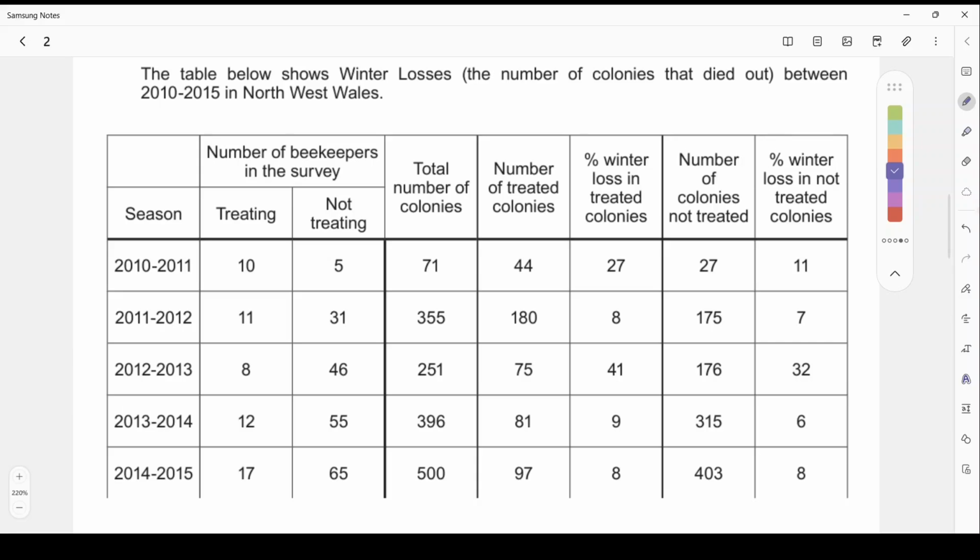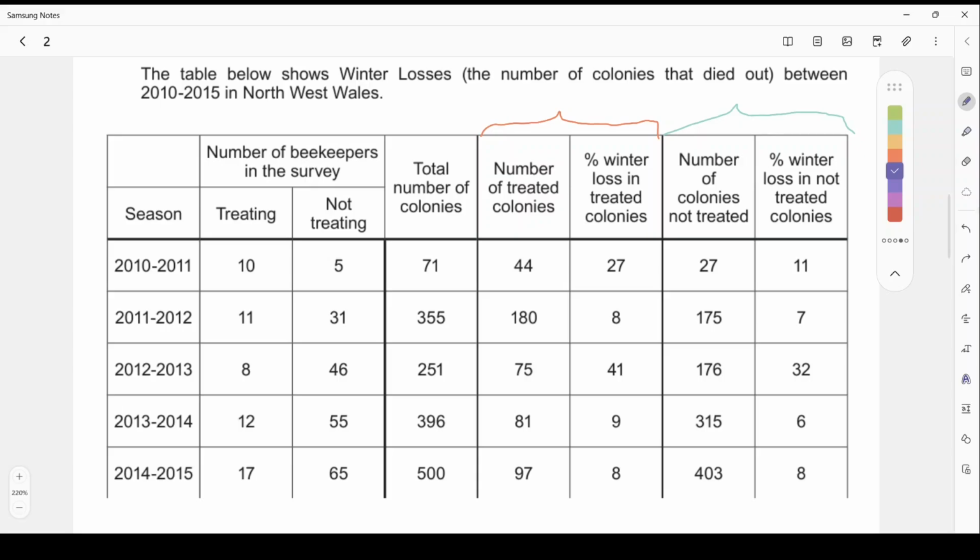So let me just do a little bit of brief annotation here. So this one would be read together because this one is about treated colonies. And then this one would be read together because this is about non-treated colonies.